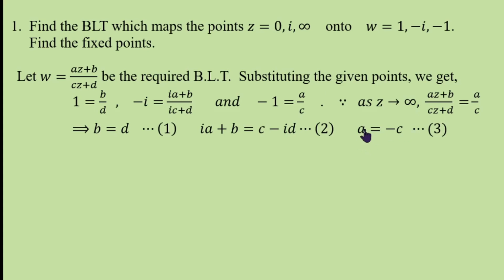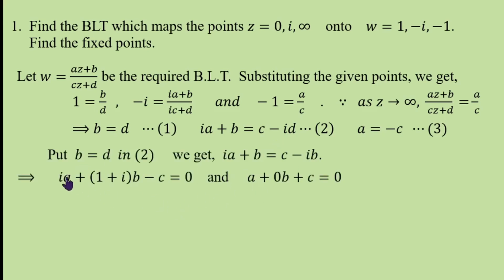Here we already got one equation not involving D, A equal to minus C. Therefore, find one more equation not involving D. Here B equal to D, so replace D by B. Then the second equation becomes iA plus B equal to C minus i into B. That also does not contain D. So we got two equations not involving D.